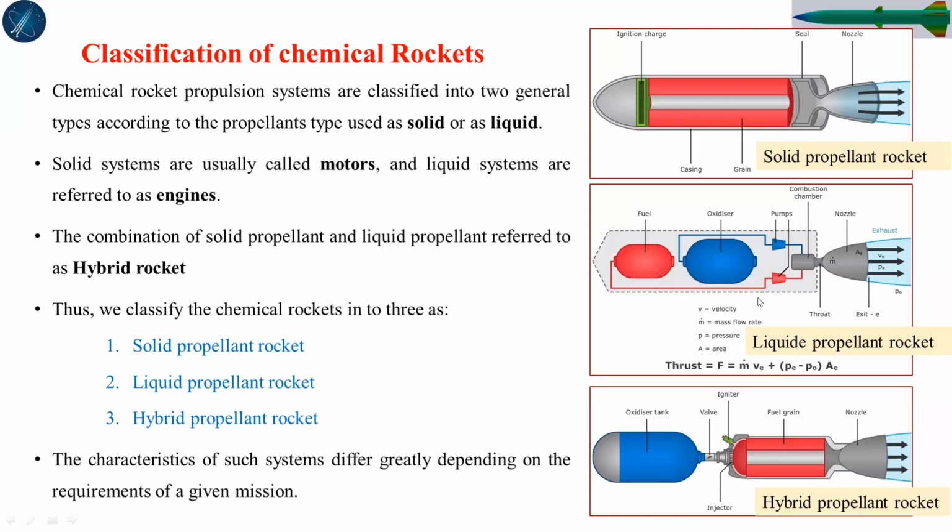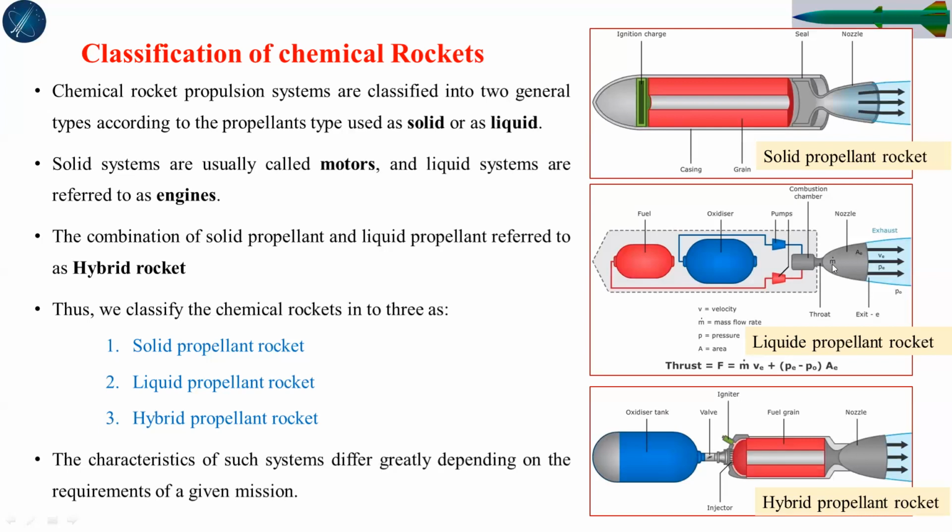And when we come to the liquid propellant rocket, you can see the fuel tank filled with fuel. The oxygen tank is filled with oxidizer. There are separate pumps for each of them, and feeding systems to the combustion chamber. This is the combustion chamber. The fuel and oxidizer both ignite together inside the combustion chamber and then accelerate through the throat.